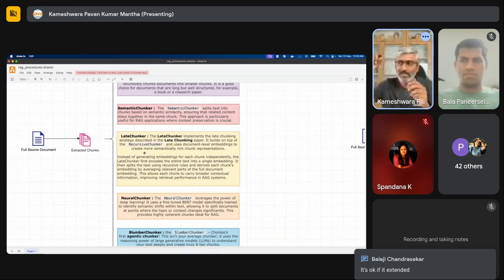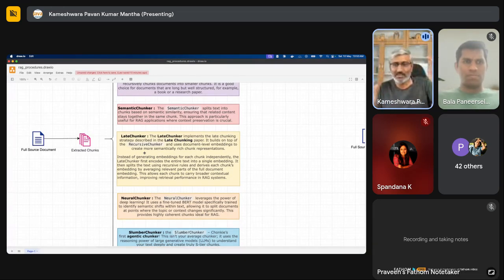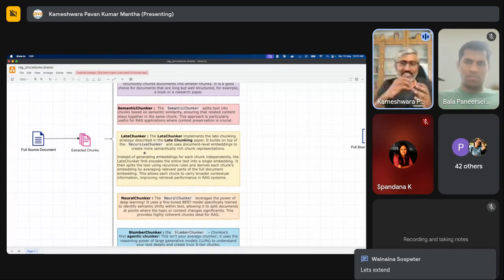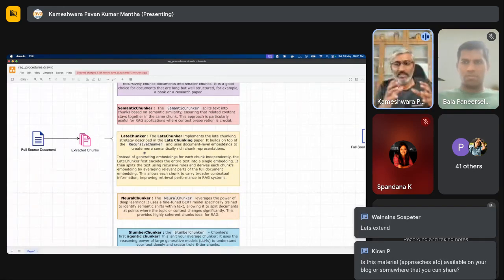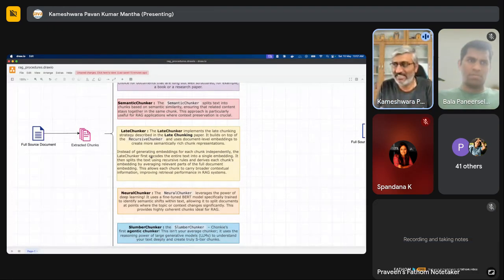So it is one big embedding, and on top of that you will get n number of embeddings, which is called late chunking, because chunking is happening after you did the entire document processing. Maybe we'll see it in practice.